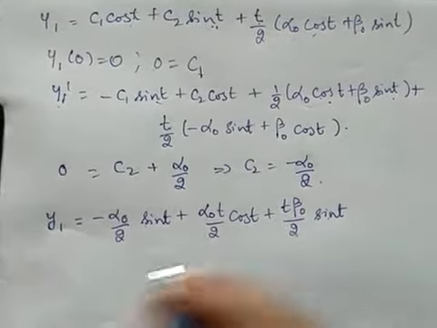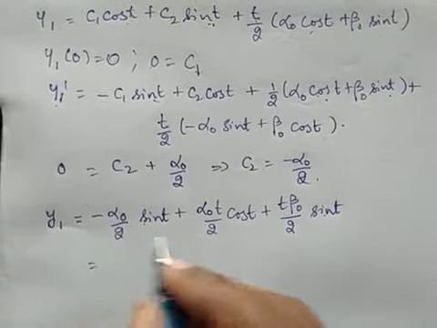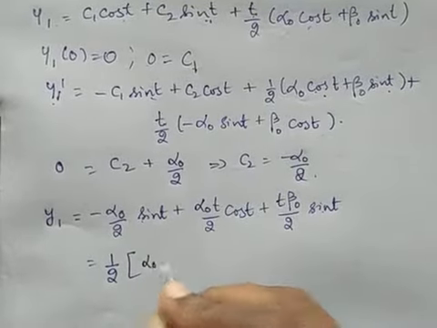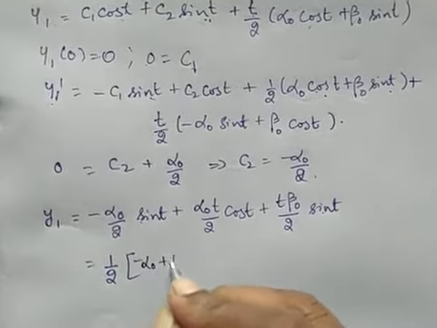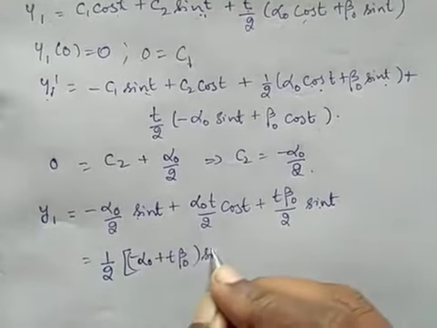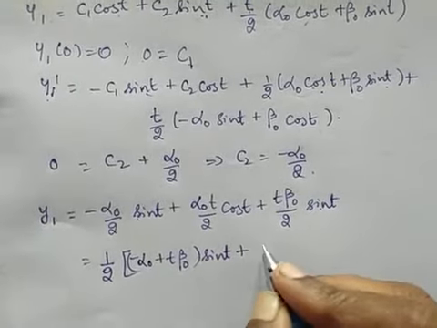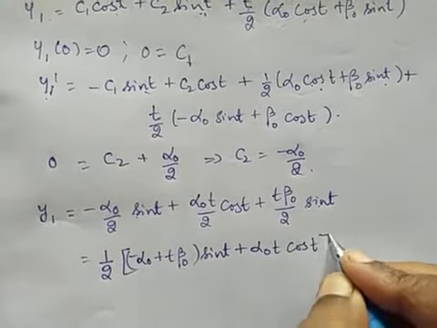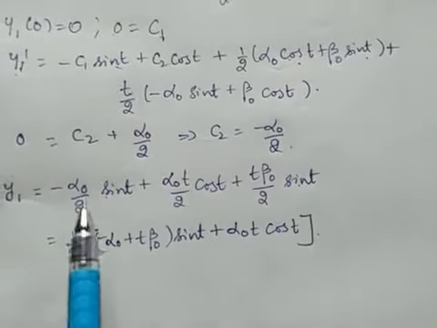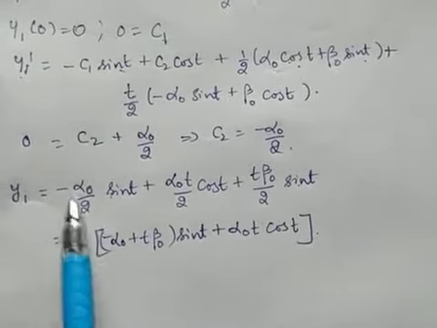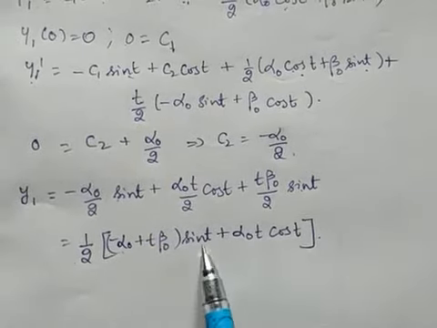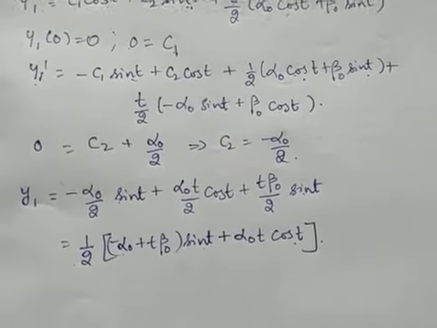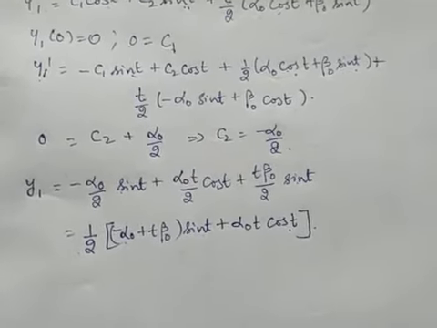If we group the sin terms, 1 by 2 is constant, minus alpha naught plus t beta naught, into sin t, plus alpha naught t cos t. This is our y1. So when we equate the coefficient of epsilon, we got y1.